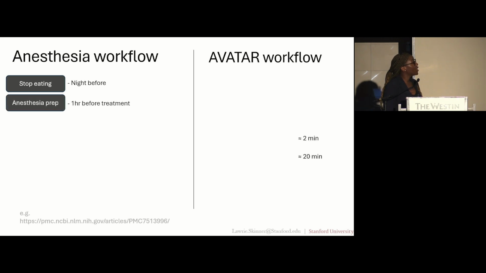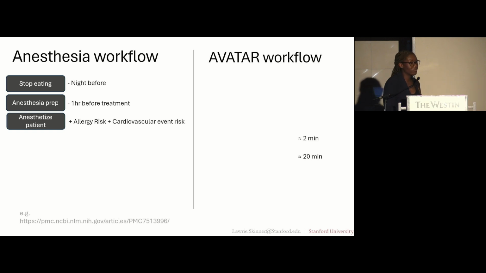Before the anesthesia, you have to meet with an anesthesiologist for a pre-op visit. And there's usually a prep that happens about an hour before treatment. Then the induction session happens where you get the medications and you get anesthetized. There are usually risks, cardiovascular risk and allergy risk associated with that.